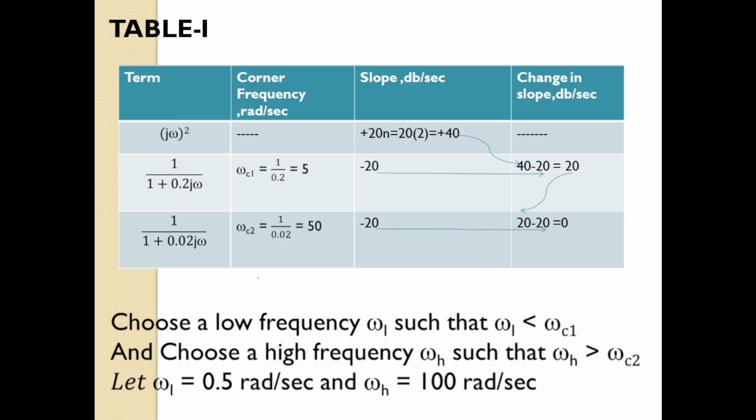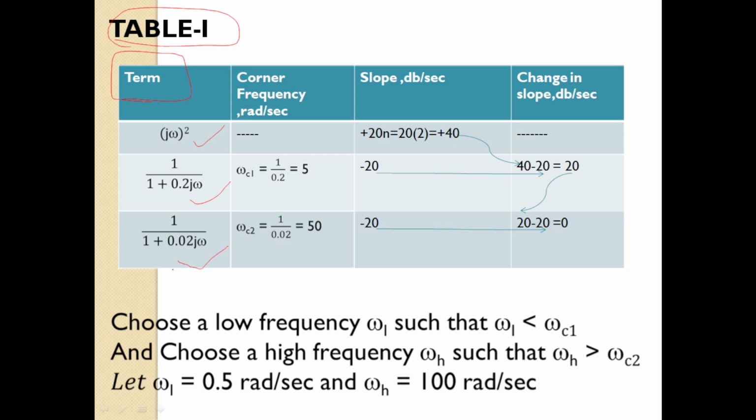Now let us draw a table. Consider it as table 1. In the first column of the table, write down the terms that are available in the given open loop transfer function. Here we have assumed k equal to 1, so no need to write the k value. So write down the other terms: the derivative factor, the first order factor in the denominator and the first order factor in the denominator.